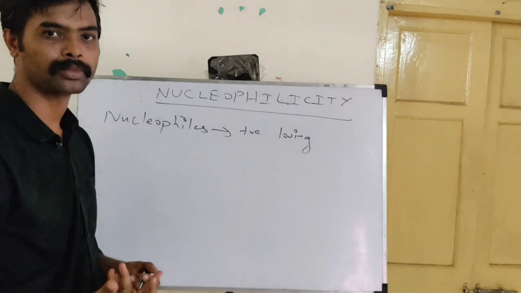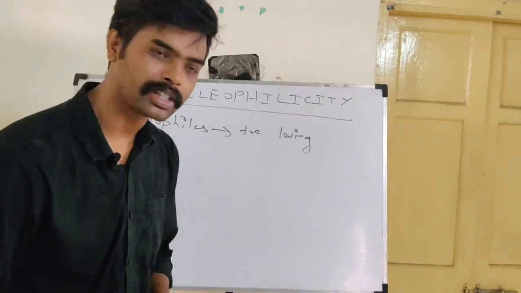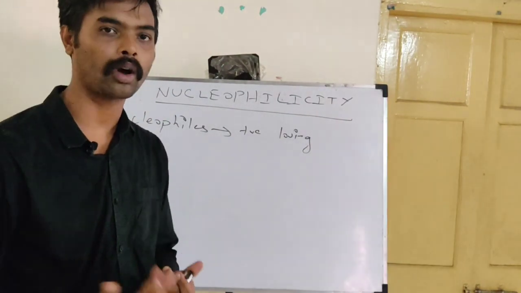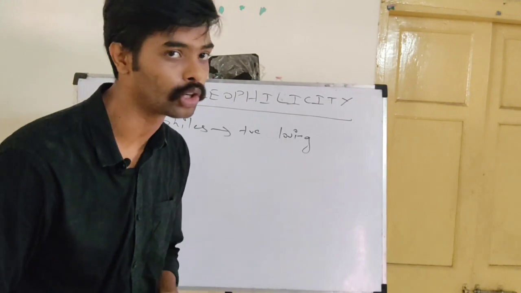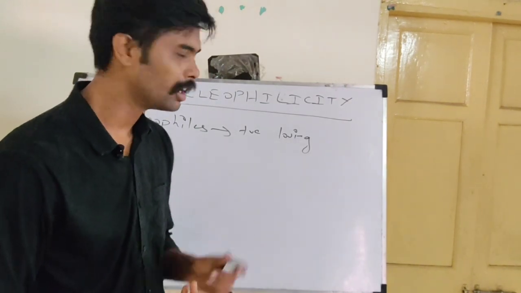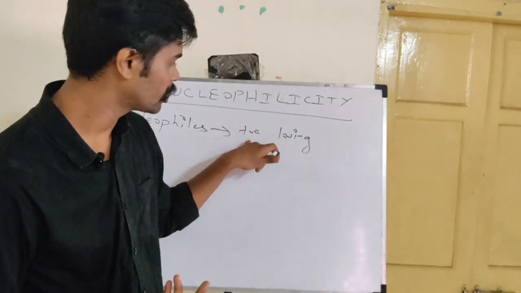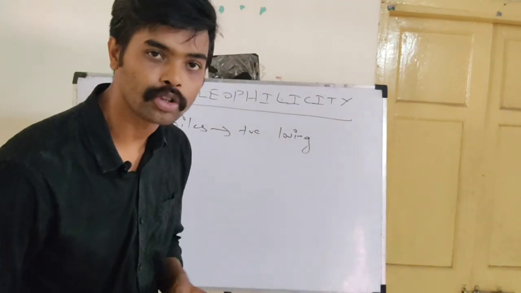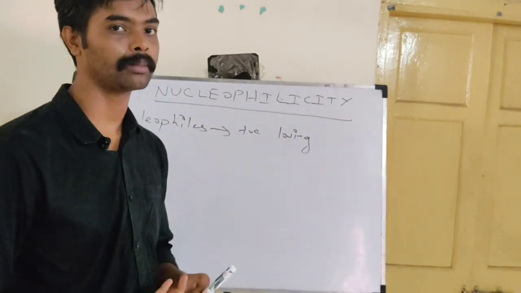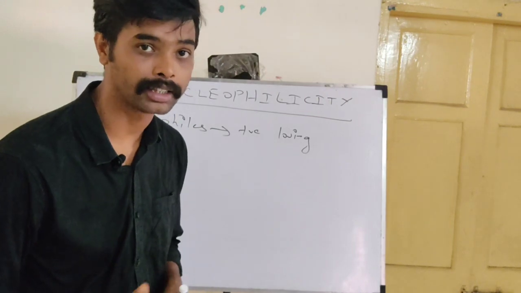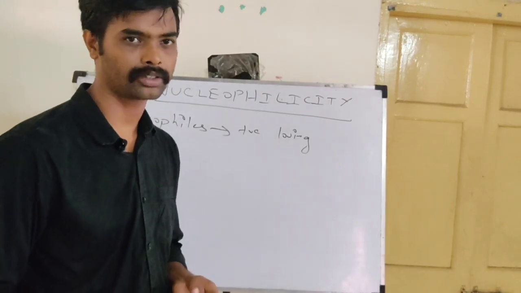Now the next question is, what kind of species can be positive loving, or what kind of species can be nucleophiles? Now it's very simple. For me to have attraction towards positive charge, definitely it should be a negative charge. Now in chemistry we deal with negative charges in terms of electrons, obviously.